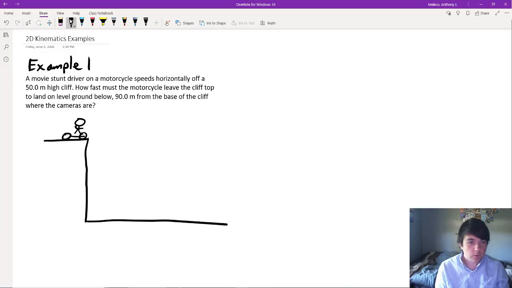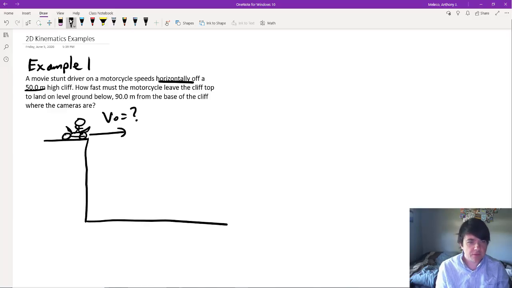I don't know how to draw one just off the top of my head, but something like this, okay? And he's going this way horizontally. We'll see that that's a key word for us soon. But they're saying, how fast must they leave the cliff top? So we don't know what this is. What else does it tell us?